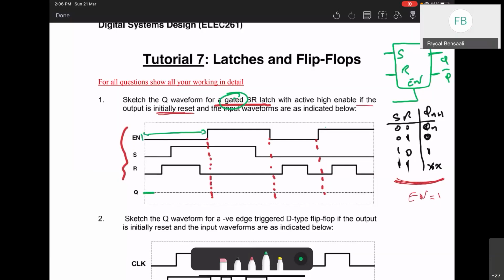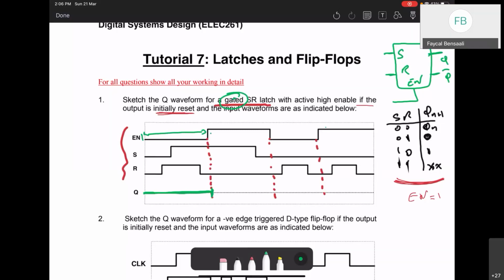This means we don't care about S and R. I don't need to observe S and R from here until here, so Q stays as it is and doesn't change. Now at this time, En is 1, so I need to consider S and R.